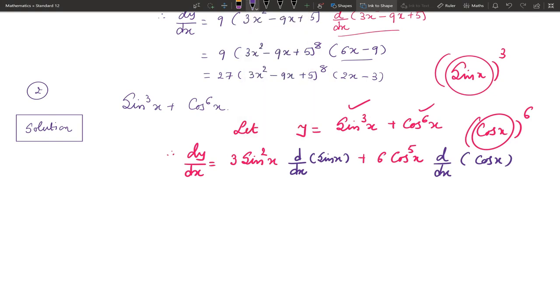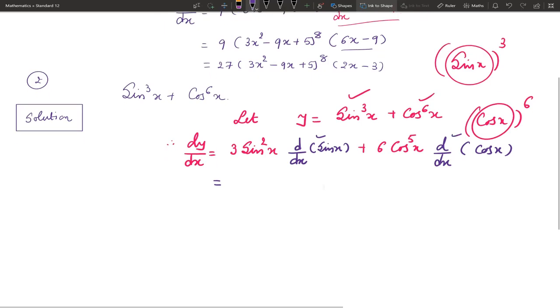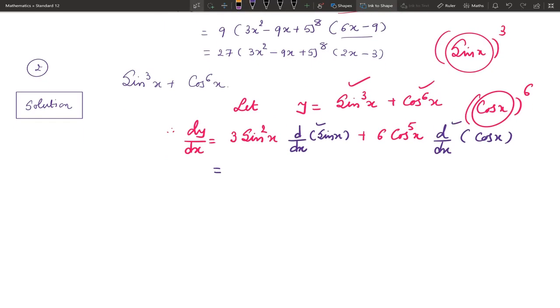Now we simplify this thing. Differentiation is over, so let us simplify. Here put values of d by dx of sin x and d by dx of cos x. So this is 3 sin square x, derivative of sin x, cos x. Here 6 cos raised to 5x, and we know d by dx of cos x is minus sin x.